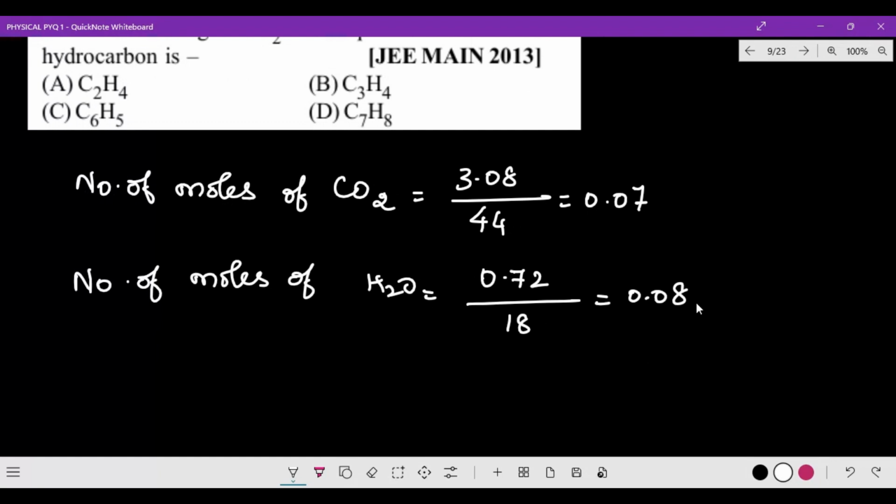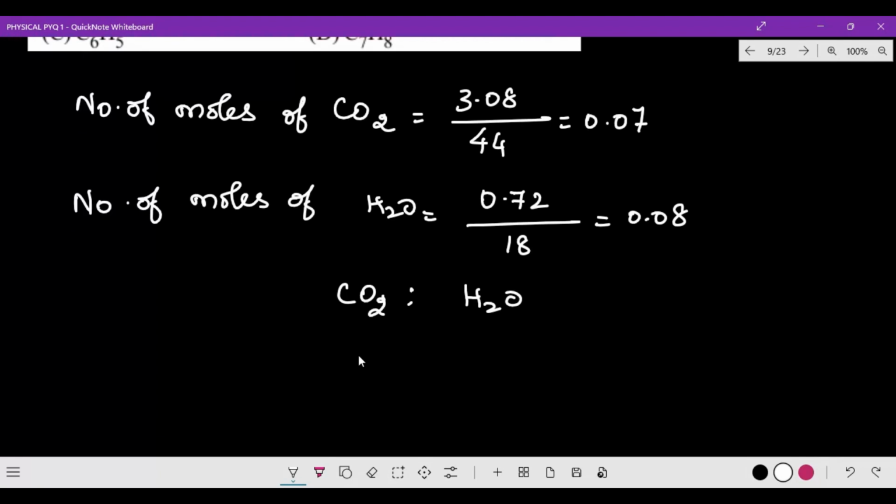Now what ratio are you getting? The number of moles of CO2 is to the number of moles of H2O: CO2 is 0.07 and water is 0.08.